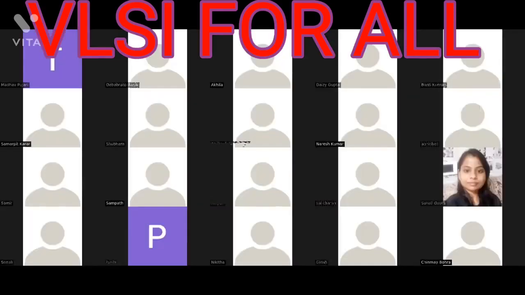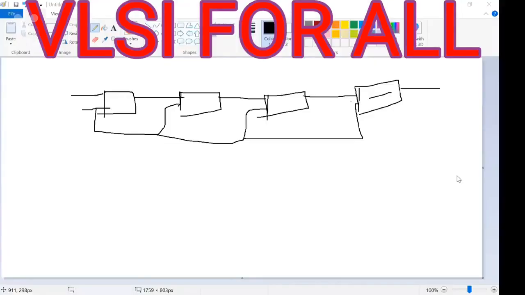No, sir. We are on that 4 flip-flop slide. What is happening? Can you see the paint window now? Yes, sir. It's now visible, sir.